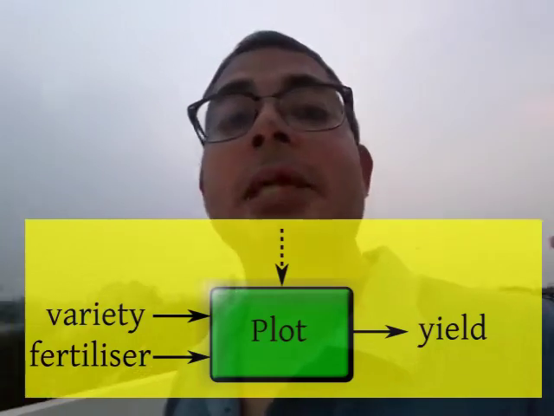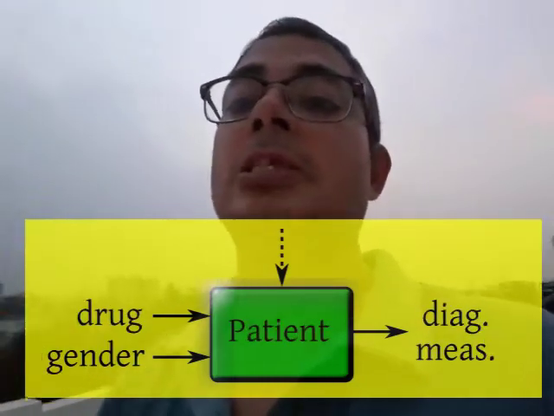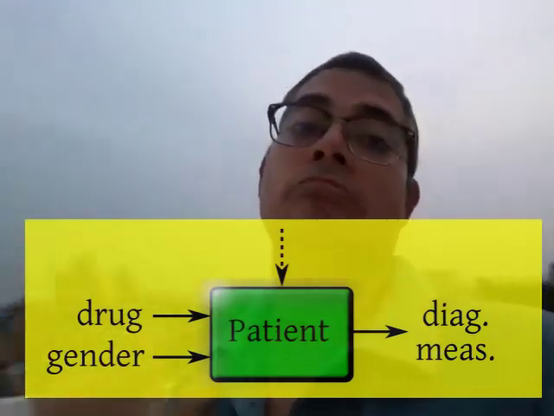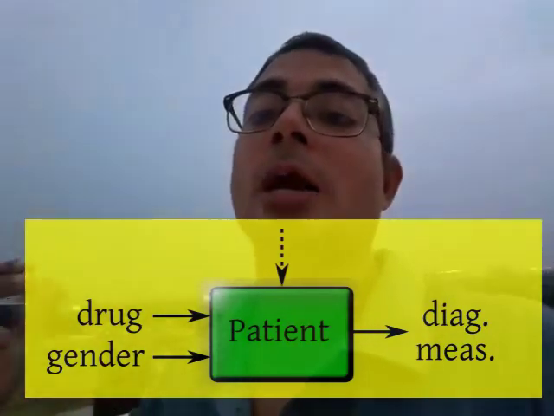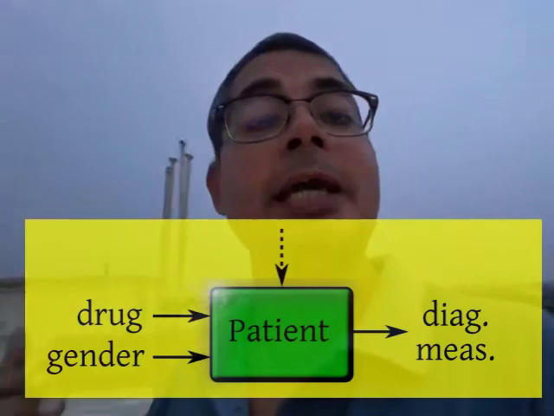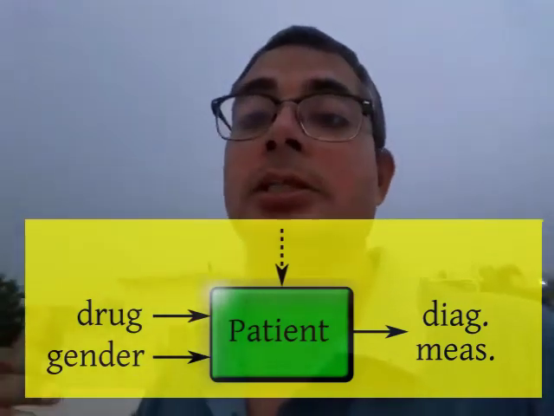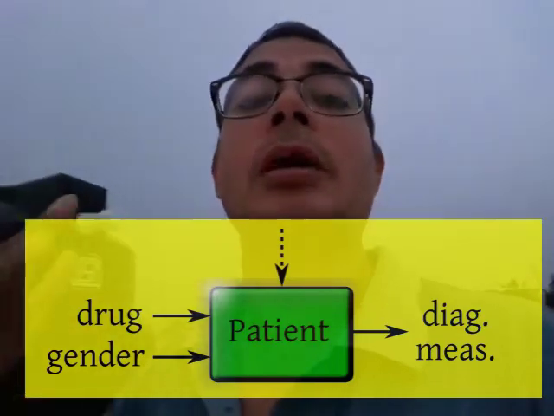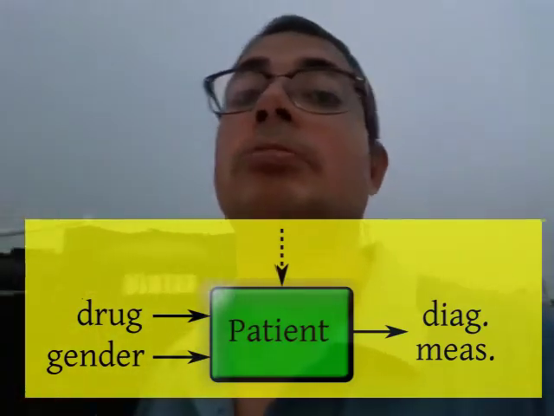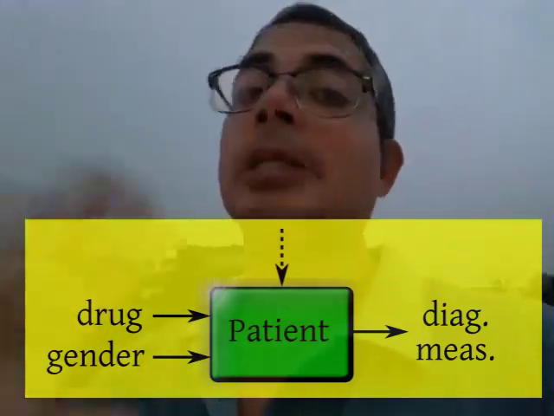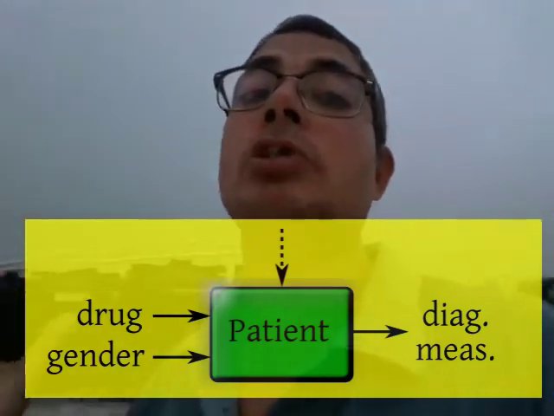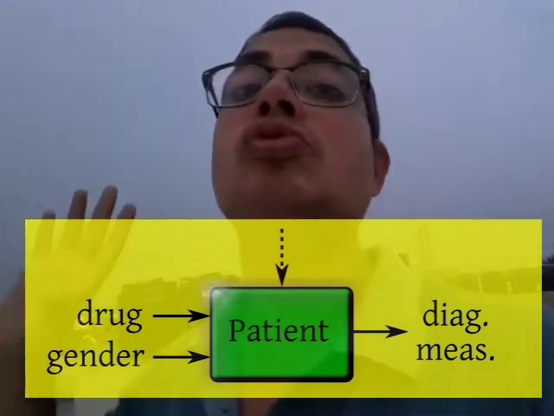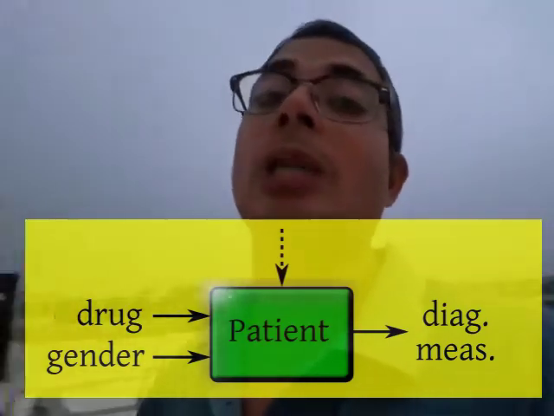Now here is yet another example, this time from a clinical study. So here I have a patient as my basic system, and I have a drug, and I have the gender. This is again of the type where the gender is a control factor. So when you carry out this experiment, just to be compatible with the last case, suppose we are still working with 24 patients as opposed to 24 plots, you need 12 of them males, 12 of them females.